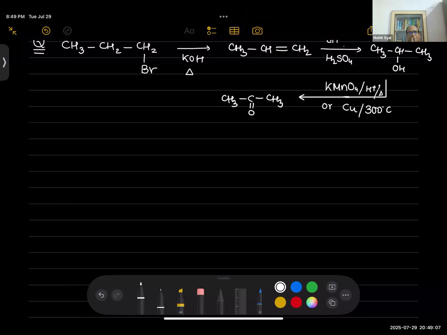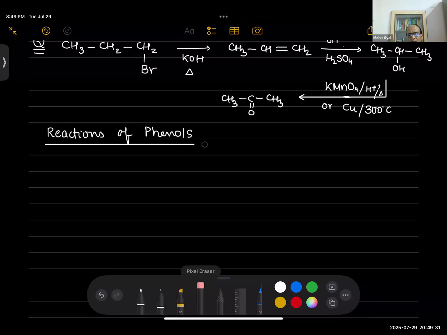Similarly, we have seen the reactions of alcohols and reactions of phenols. So we are going to move toward the chemical reactions of phenol. Got it?